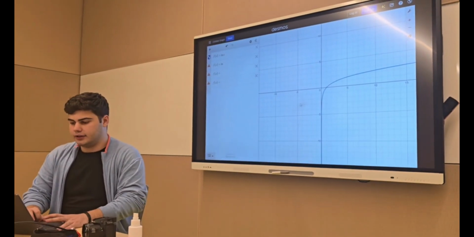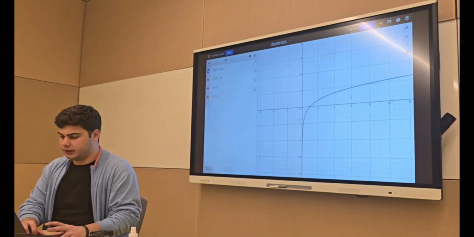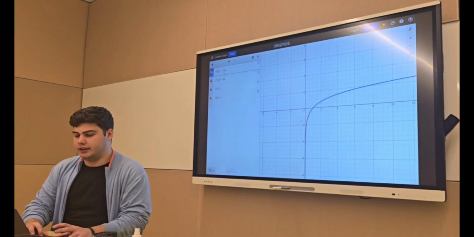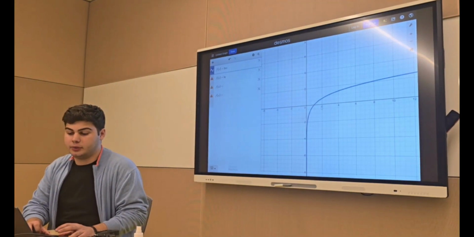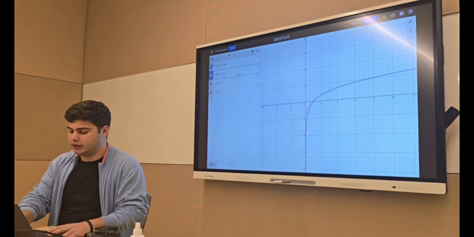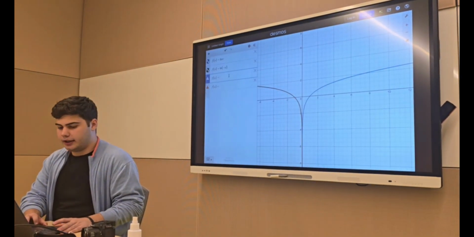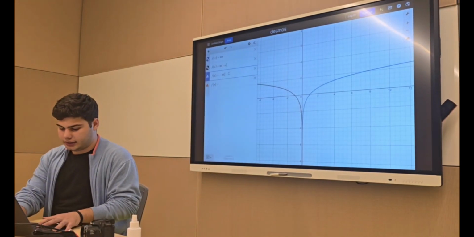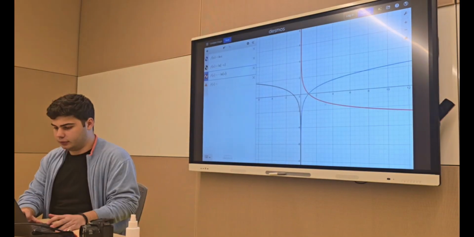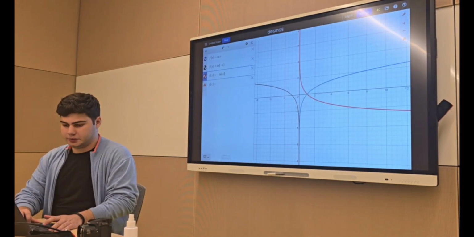Now let's see the sign change. As you can see from the blue graph, f of x is equal to ln x will be shown like that, but we can change the sign of x and it will be reflected by the y-axis, and we can change the sign of ln as well, and as you can see from the red graph, it will be reflected by the x-axis.